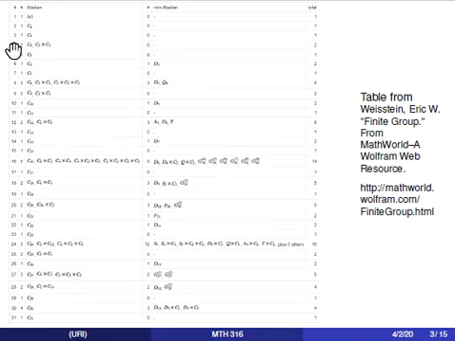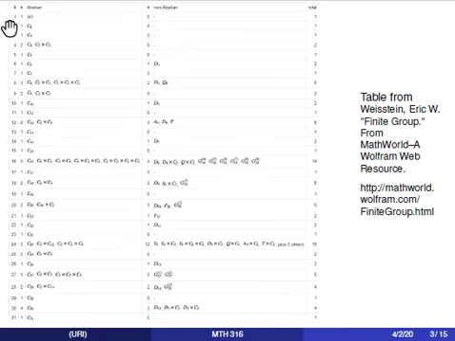On the left you have here the size of the group, the order, and then you have a list of all the abelian and non-abelian groups with that particular order, and sort of the count of how many there are of each particular order. Now, as you take a look at this table, you'll start to notice some patterns. You'll notice that sometimes we only have one particular group total for a certain order.